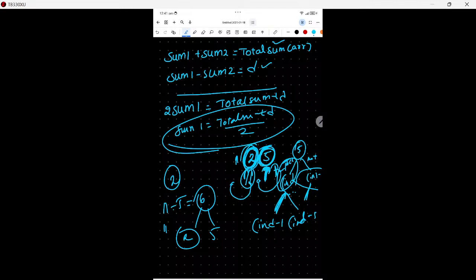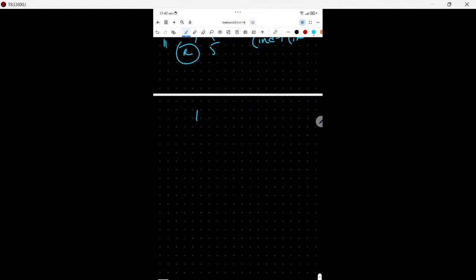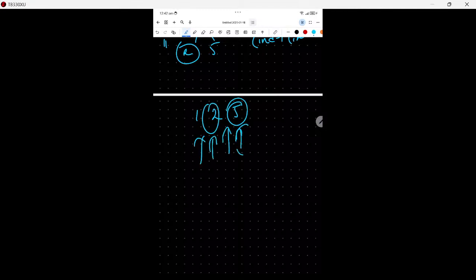I'm trying to tell you something but I'm not able to form it. Like this has two, this also has two. This one has the authority to go from here to here, and this one has the authority to move to the left side.